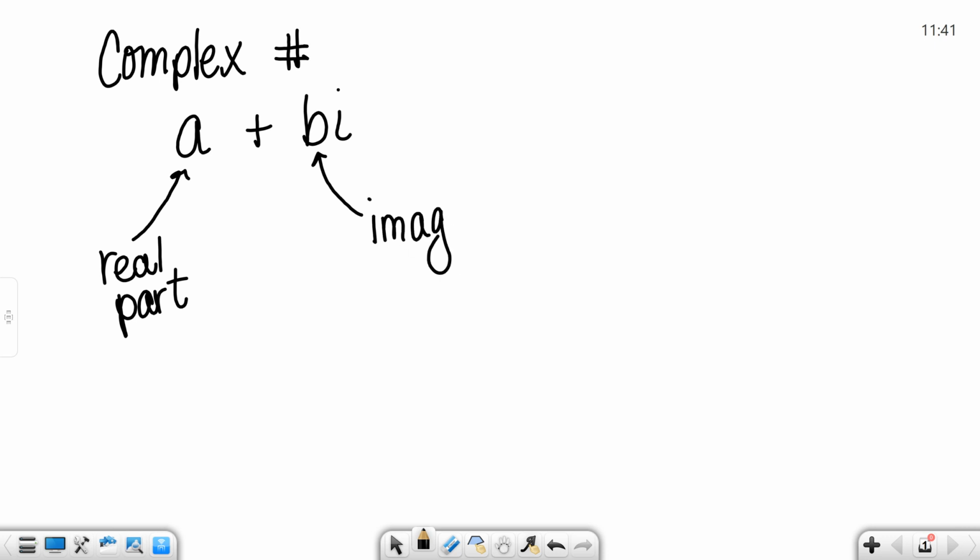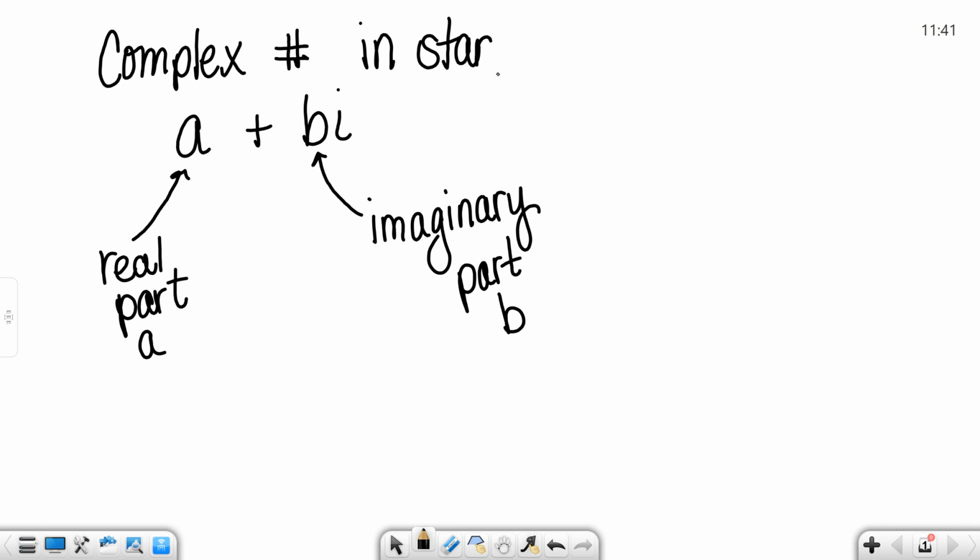Now, not the i, just the b. All right, so your real part is a, your imaginary part is b, the number b. All right, so if I write a complex number, this is considered to be standard form when it's in this form, a plus bi.